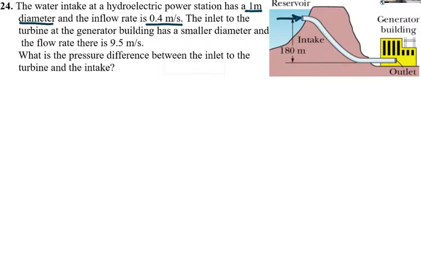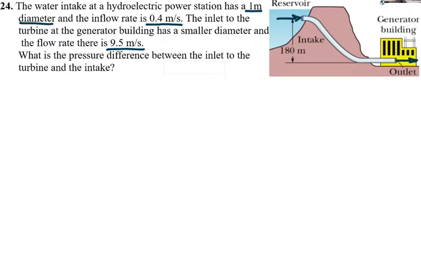The inlet to the turbine at the generator building has a smaller diameter, and the flow rate is 9.5 meters per second. So the one at which it's coming out is 9.5 meters per second. And the question is, what is the pressure difference between the inlet to the turbine and the intake?